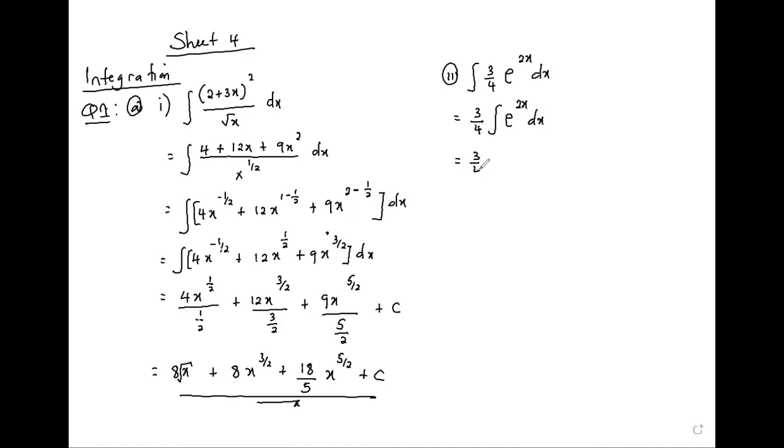So keep the 3 over 4, and the power for e is 2x. If we differentiate 2x, we get 2. So that 2, we divide by it and then add c. So we have 3e to the power 2x over 4 by 2, that's 8, plus c.